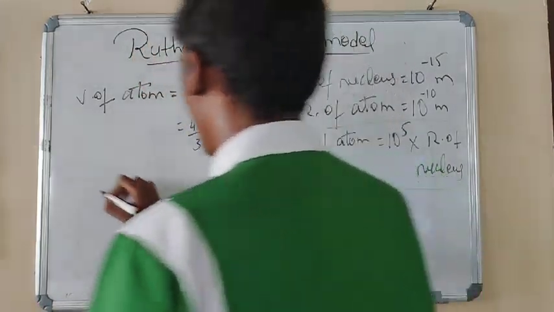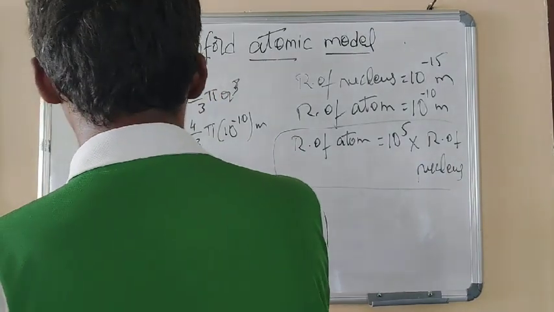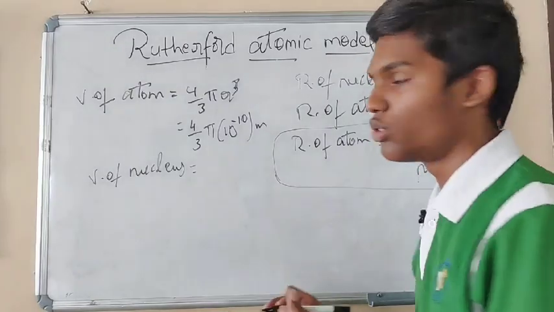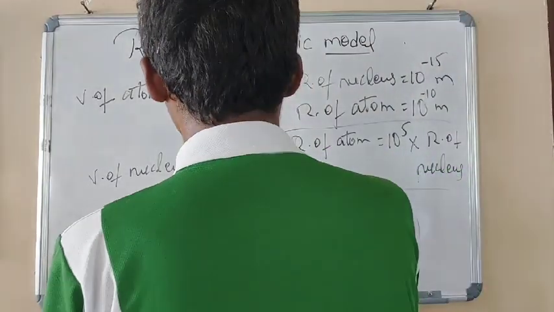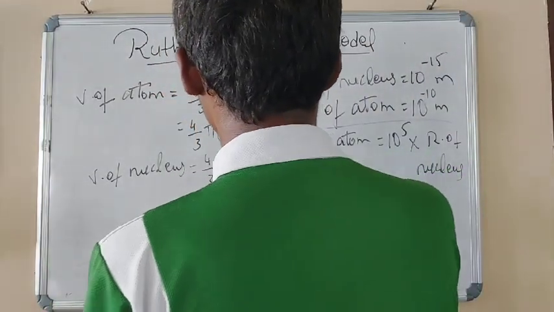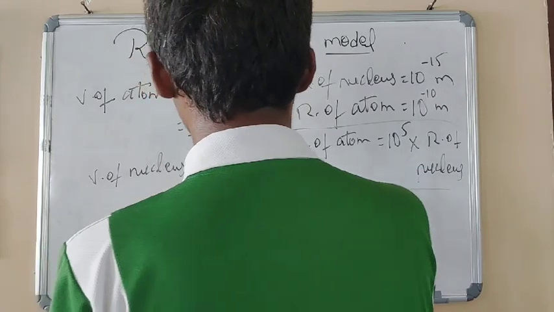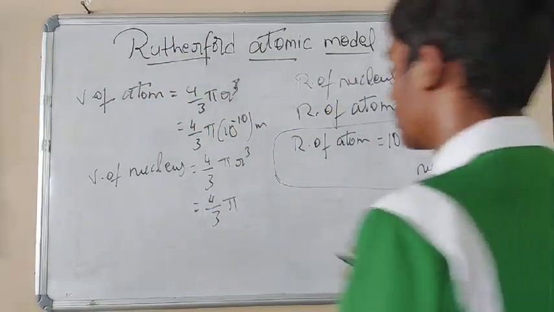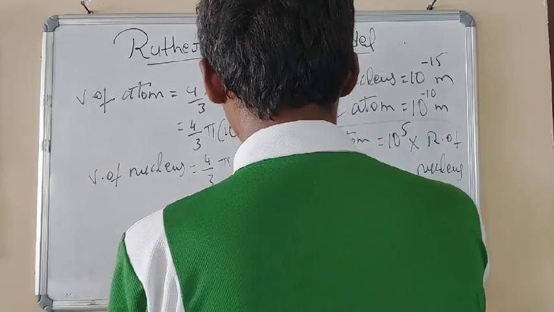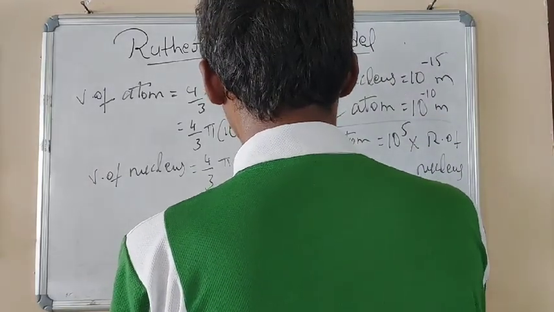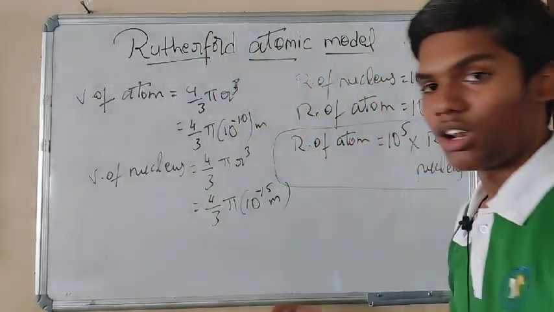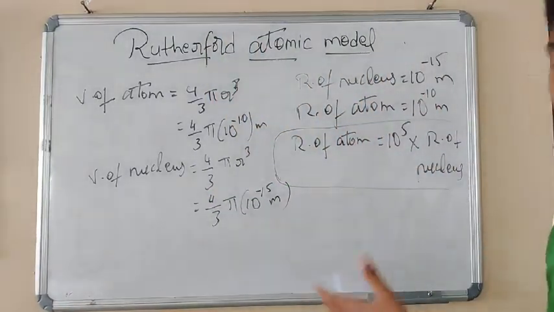Now, volume of nucleus. Nucleus is also in spherical shape, that's why 4/3 pi, and the radius of nucleus is 10 power minus 15 meters.